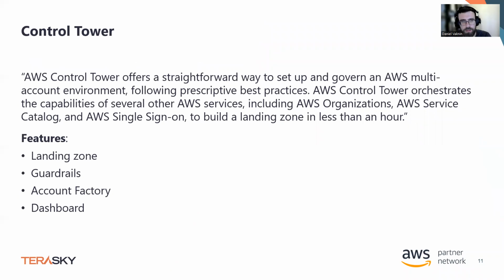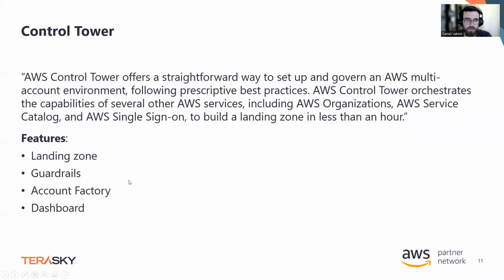Probably you heard about it because it's a very common solution. Basically, Control Tower gives you an automation to deploy everything we talked about before with a single click, or maybe a few other clicks to deploy the rest of it. It gives you a very easy user interface to deploy everything we talked about before.